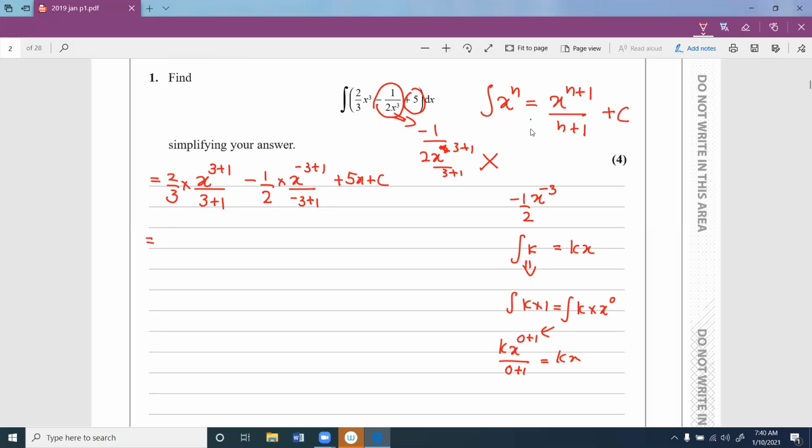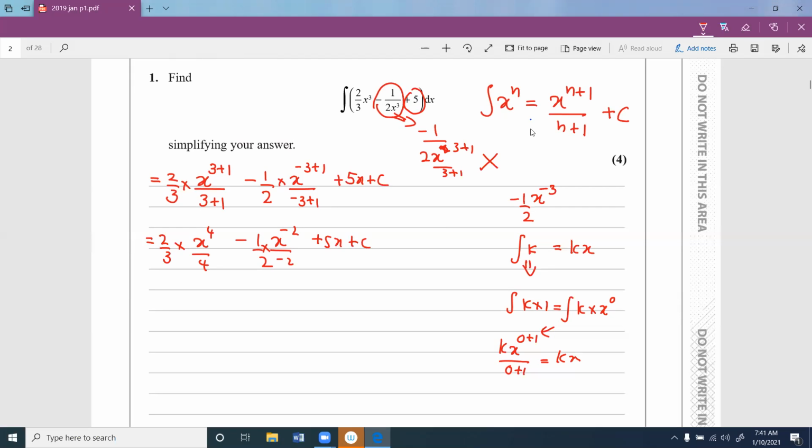Okay, so this is 2 over 3. I'm writing all the steps, but for the time being there is no need to write everything. For this question, put minus 1 over 2, x to the power minus 2 over minus 2, plus 5x plus 6.